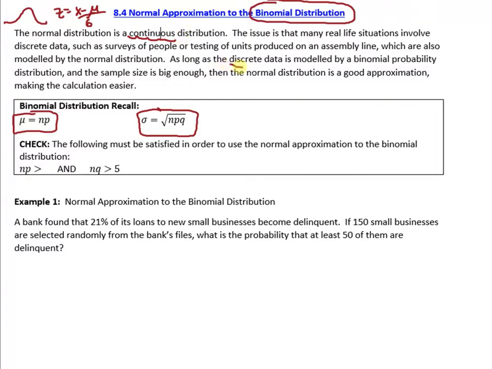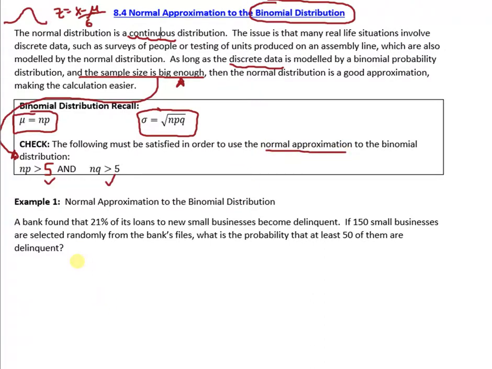As long as discrete data is modeled by a binomial probability distribution and the sample size is big enough, which is the key and what we're going to check, then we're able to use the normal approximation because it's a good approximation, and that makes everything easier. So here's your check: np must be greater than 5, and nq must be greater than 5. If both of those hold, we're able to use the normal approximation.